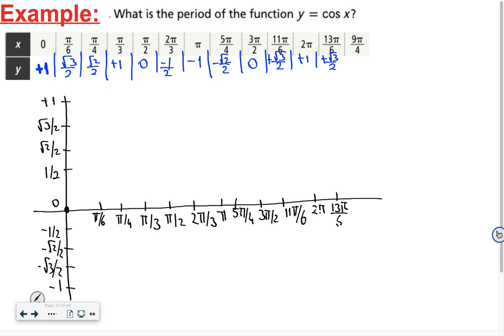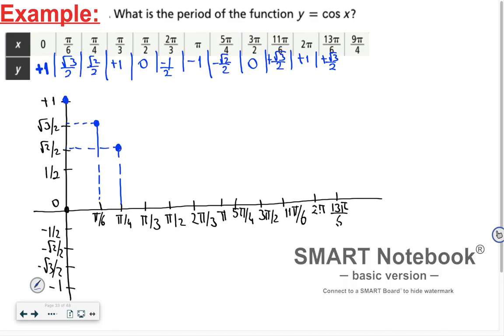Now let's plot the points. My first point is, if x is equal to 0, y is going to be positive 1. When x is equal to pi over 6, then y will be equal to radical 3 over 2. When x is equal to pi over 4, your y value will be radical 2 over 2.